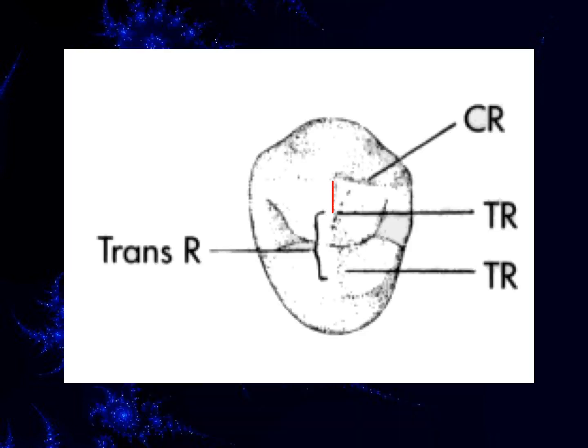From the occlusal surface we can see the transverse ridge, which is the cusps that run down from the cusp to the center of the tooth. So this is the cusp ridge, this is the triangular ridge.